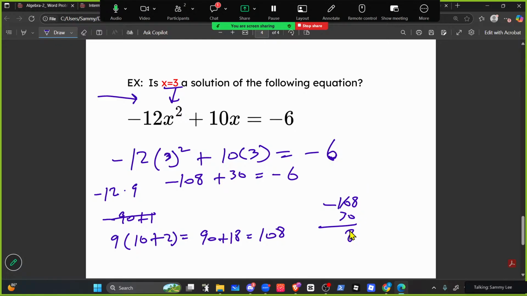So it's negative 78 equals negative 6. Is this a true statement? No. Negative 78 does not equal negative 6. So x equals 3 is not a solution of the equation.